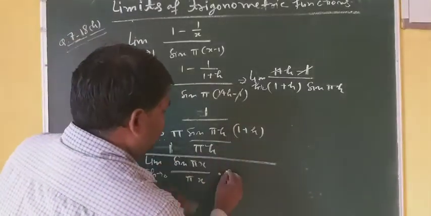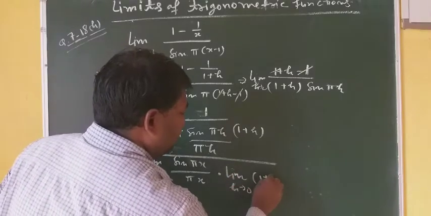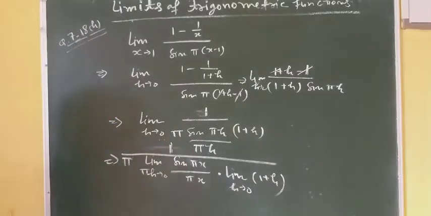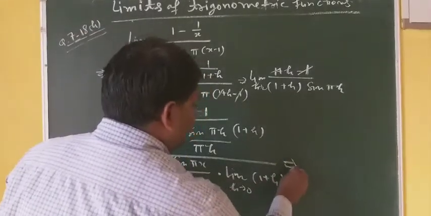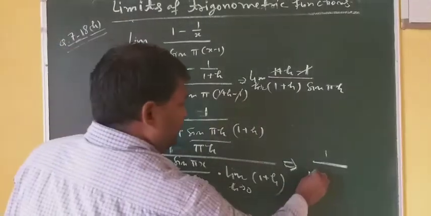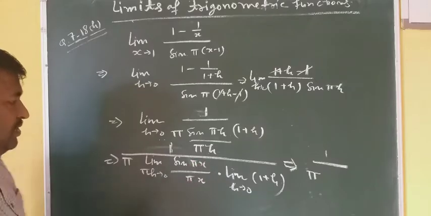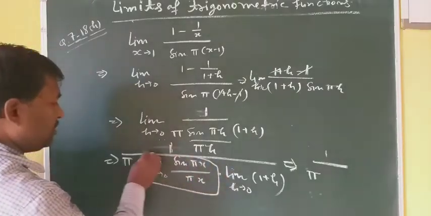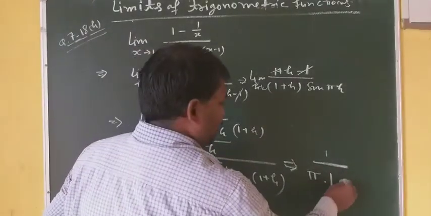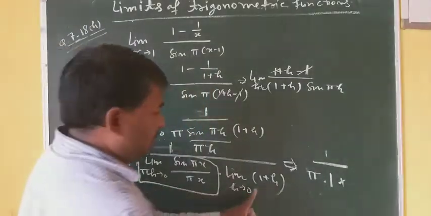Here in denominator limit h tends to 0, 1 plus h. So putting these values here, what will you get? 1 upon pi. Now see, limit theta tends to 0, sin theta upon theta, this whole quantity will become 1, into 1. And here putting h as 0, 1 plus 0.